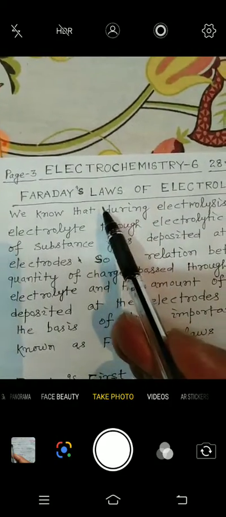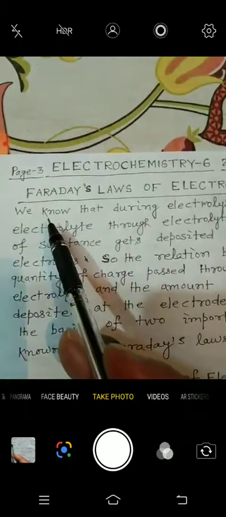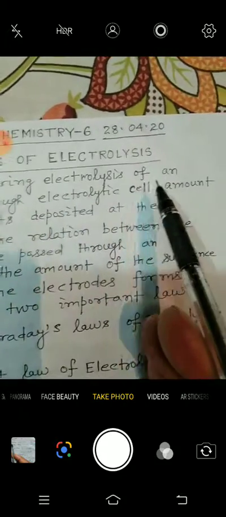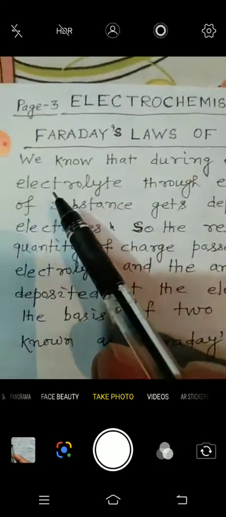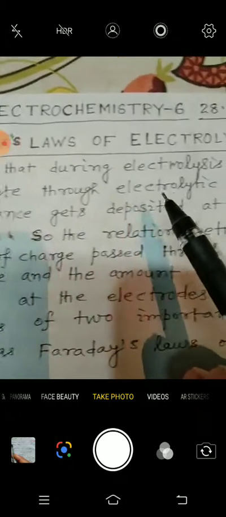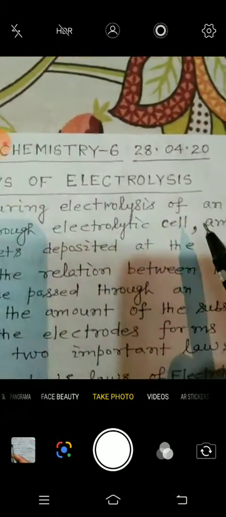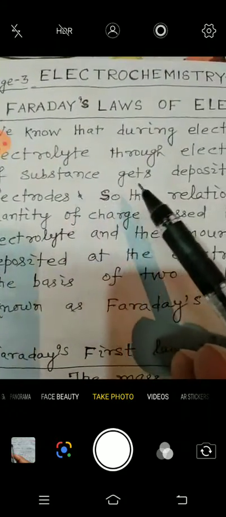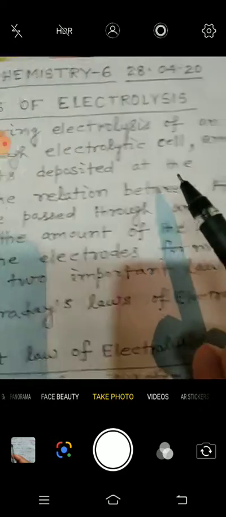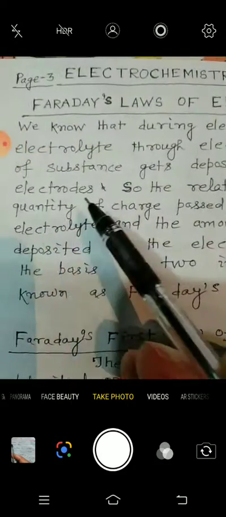Now, Faraday's laws of electrolysis. During electrolysis of an electrolyte through an electrolytic cell, an amount of substance gets deposited at the electrodes.